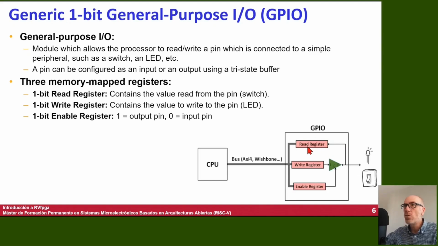The read register containing the pin's value reflects the state of a connected switch. For instance, 1 if it's on and 0 if it's off. The CPU can read this register via a memory address to determine the switch's state.